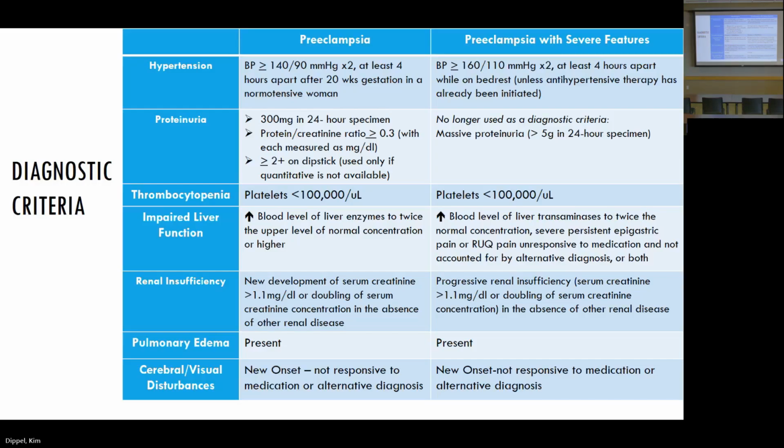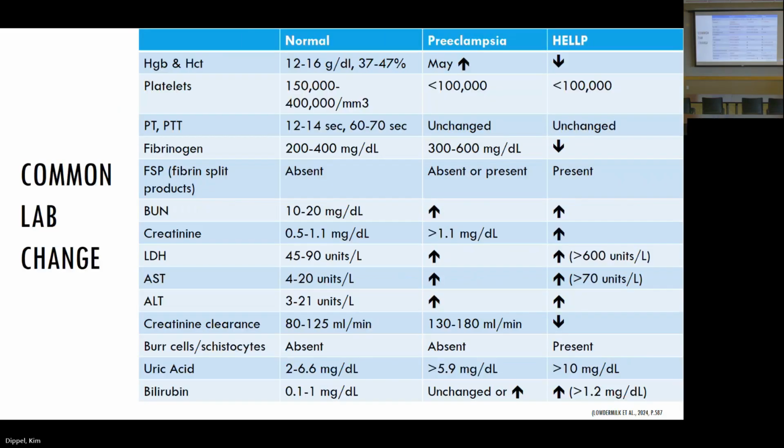Pulmonary edema, important, can be in preeclampsia or preeclampsia with severe features, and then cerebral visual disturbances. This is new onset, not responsive to medication, or due to a sinus headache or migraines or things like that. And the same goes for preeclampsia with severe features. And I will say sometimes this is very subjective for the woman, and it's very, very hard to diagnose.